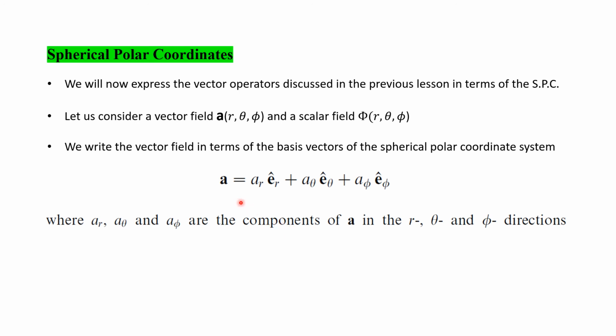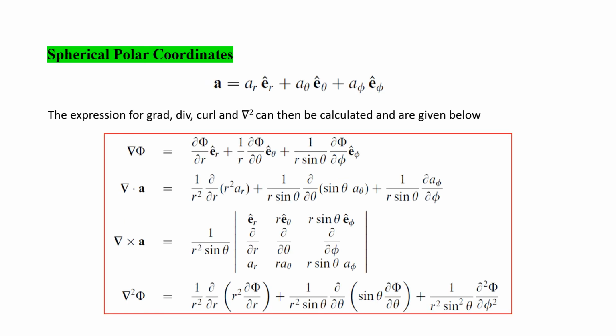So your vector field A is equal to A_r e_r hat plus A_theta e_theta hat plus A_phi e_phi hat, where A_r, A_theta, and A_phi are the components of your vector field A in the r, theta, and phi directions. Again, you have here your vector field A written in terms of the basis vectors of your spherical polar coordinates.